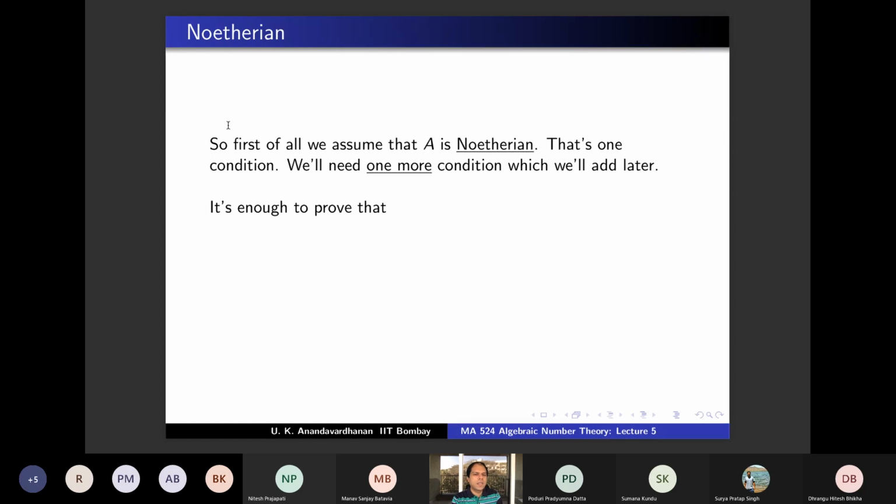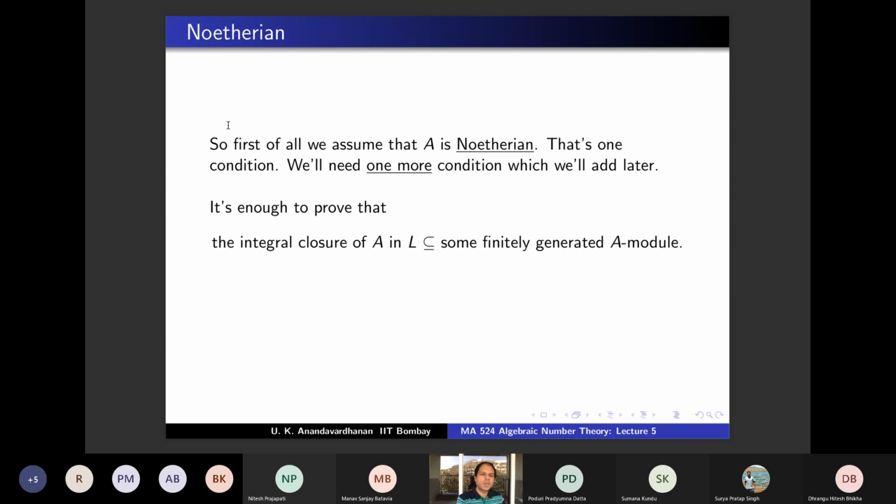So first claim, it's enough to prove that. So what do we need to prove? We need to prove that the integral closure of A in L is finitely generated. My claim is it is enough to show that this is contained in some finitely generated A module. Do you agree that this is enough?